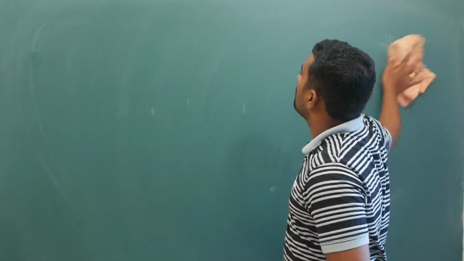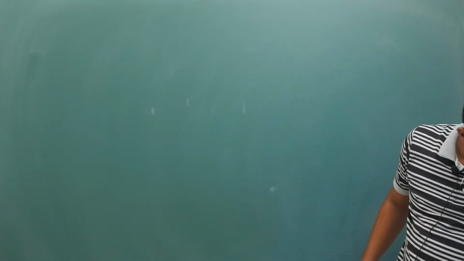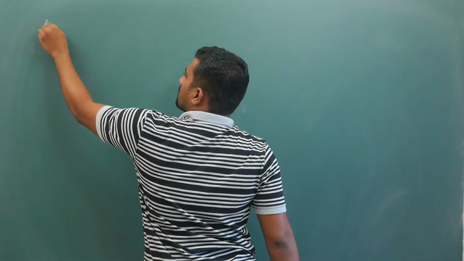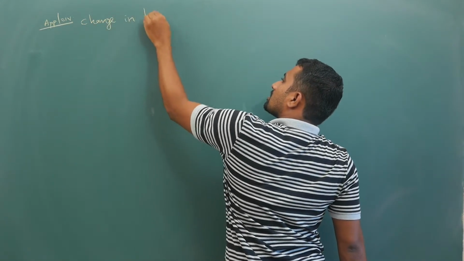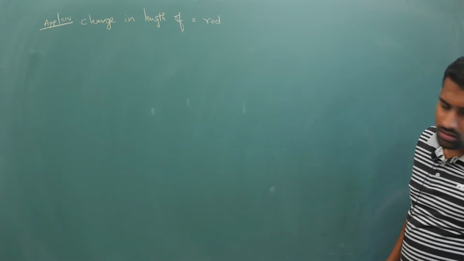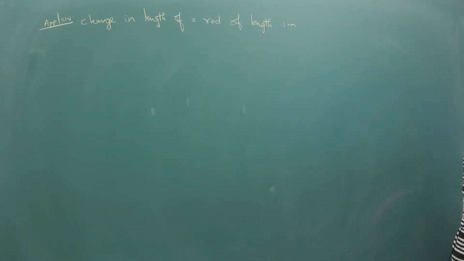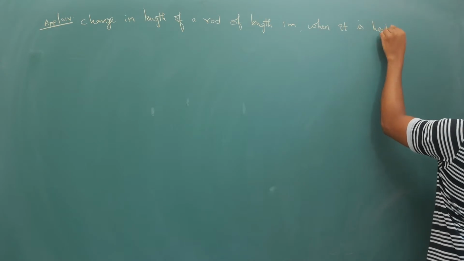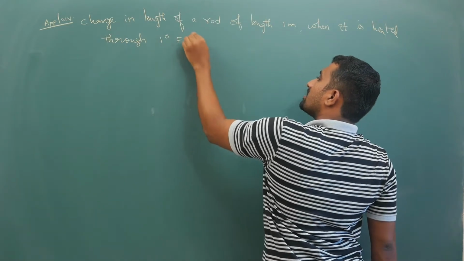Now your question is: the change in length of a rod of length 1 meter when it is heated through 1 degree Fahrenheit is dash.